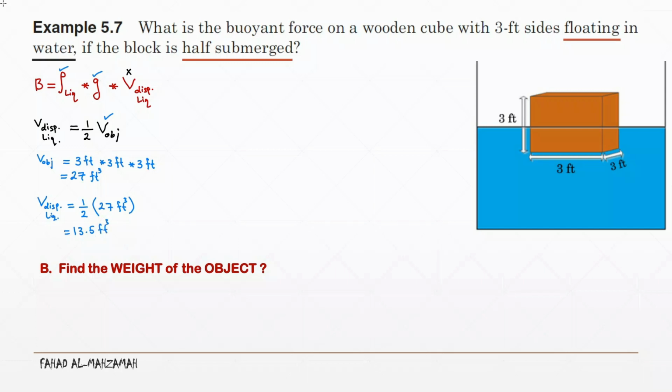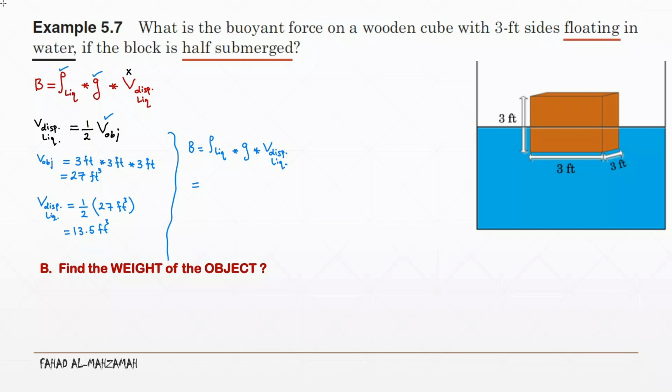So now we know the volume of displaced liquid, and now it's easy to find the buoyancy. So buoyancy again is equal to rho of liquid, which is rho of water, multiplied by g, multiplied by the volume of displaced liquid.